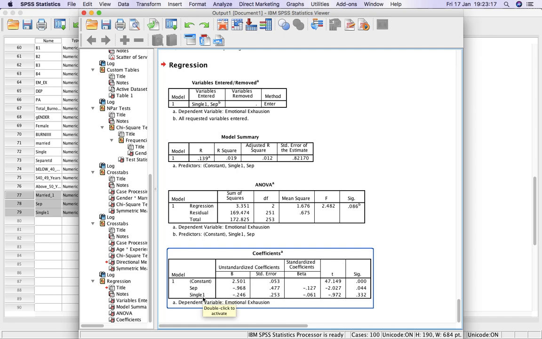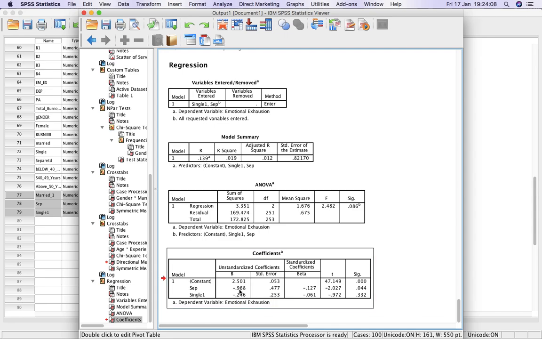Here, when you see a negative sign, it means the group experiences less exhaustion compared to the reference.